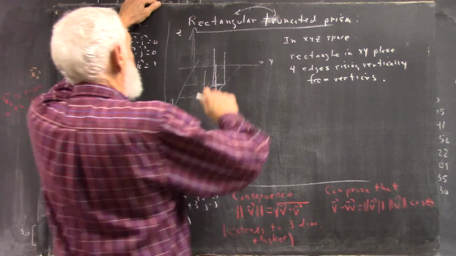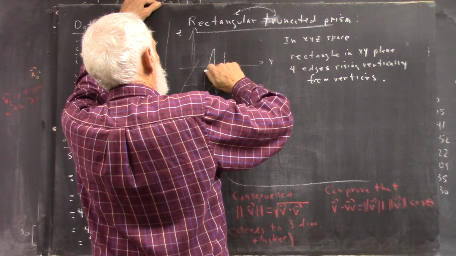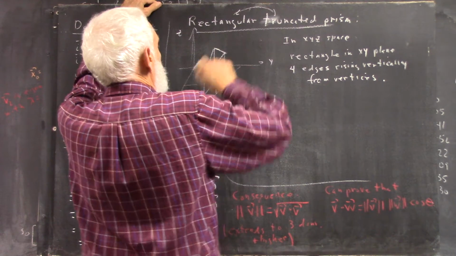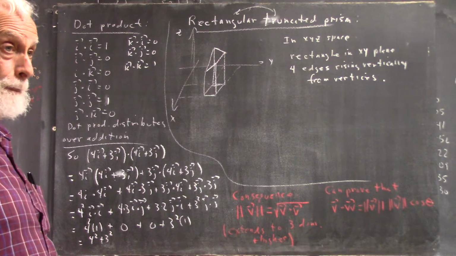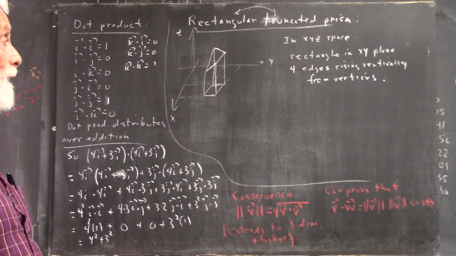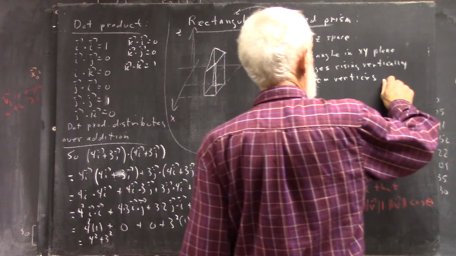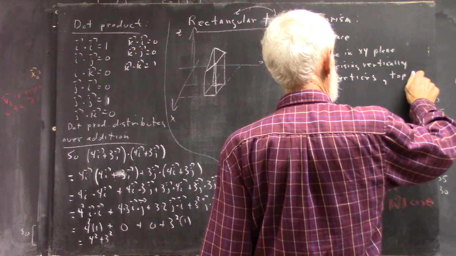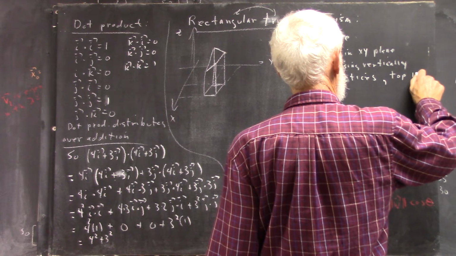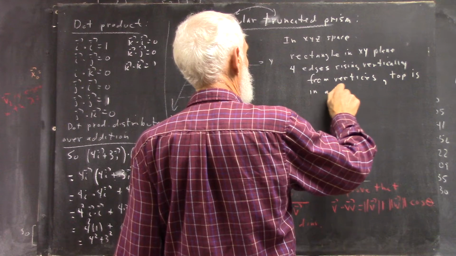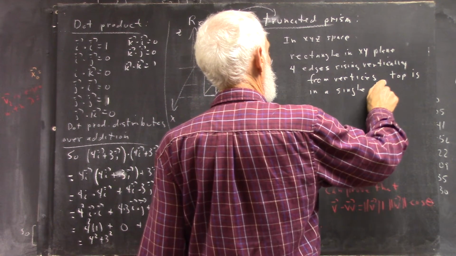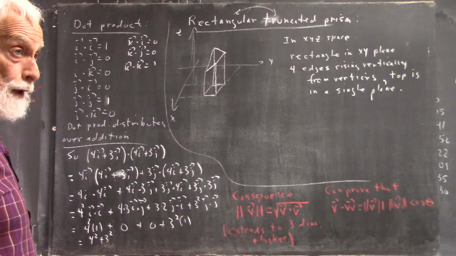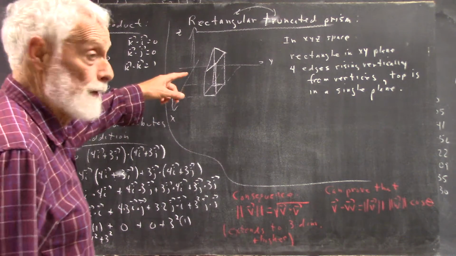If those are my four edges, then I've got this, this, this, and this for the top. So I've got to add one condition: the top has to be in a single plane. And that's not the case here.